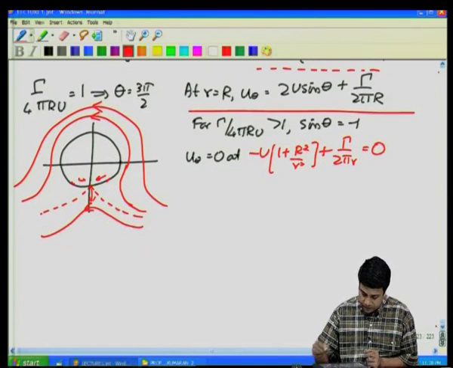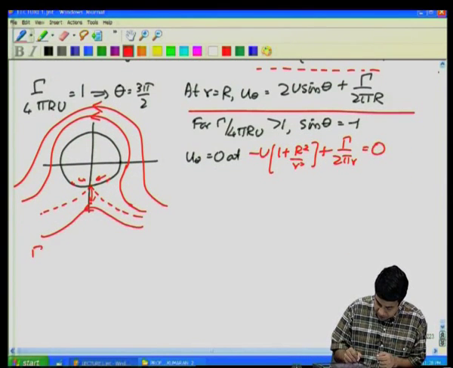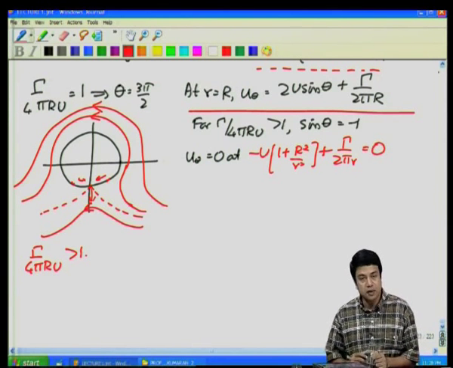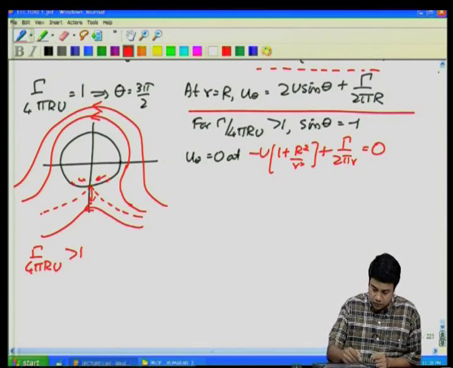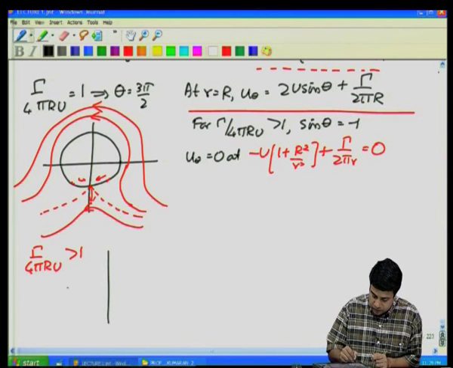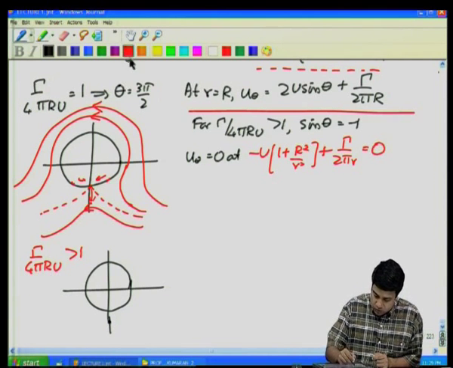And therefore, for Γ/(4πRu) greater than 1, the θ at which u_θ is equal to 0 will still be 3π/2. However, the stagnation point will not be at the surface of the cylinder, it will be somewhere below.